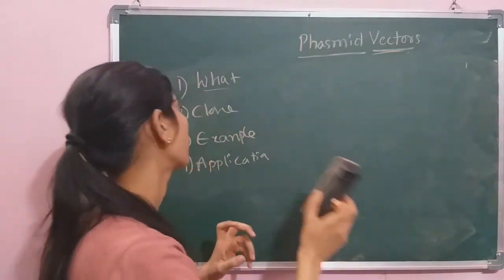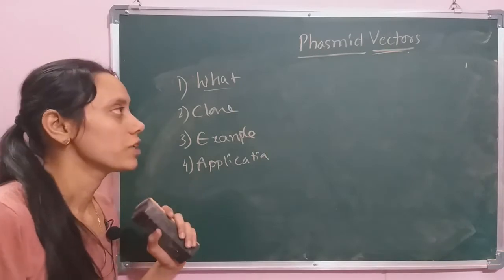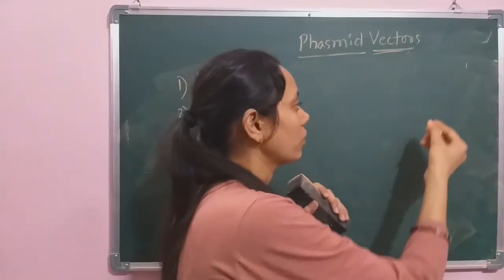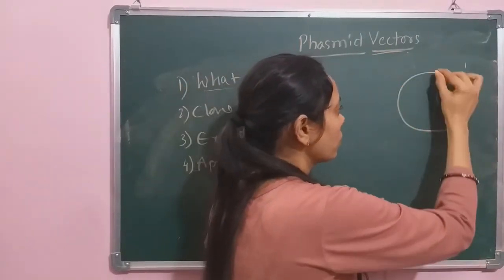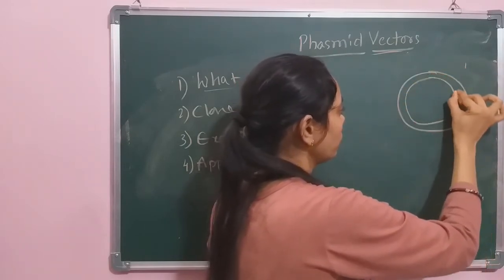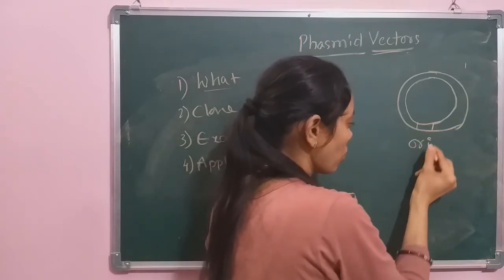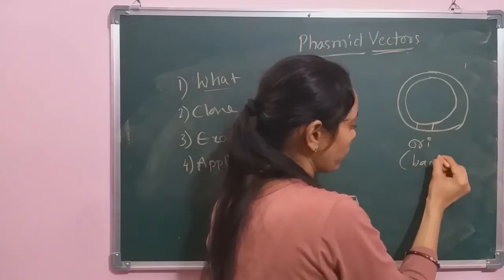So how do we clone the gene of our interest, or maybe a segment of DNA, in the phasemid vector? Coming to that point, let us look at the regions present on the phasemid vector. As we already discussed, there are two origins.